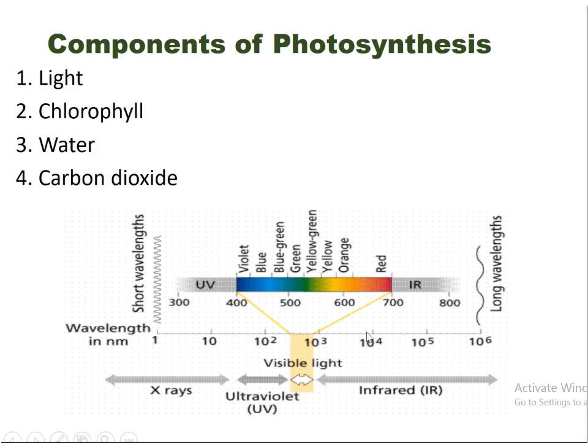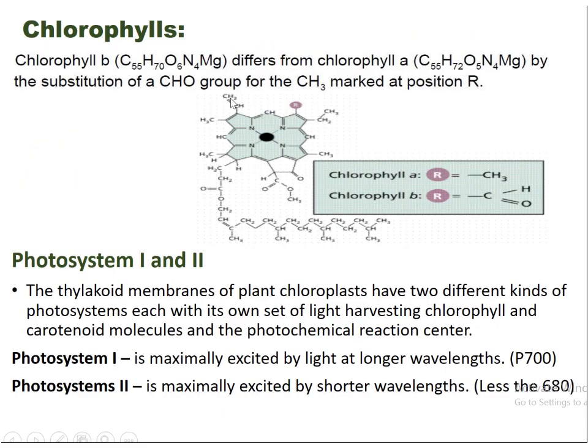Now let's see the chlorophylls. Chlorophylls are the major photosynthetic pigments in plants. They are embedded in the thylakoid membrane of chloroplast in the cells of the mesophyll tissue of leaves. There are different types of chlorophyll, such as chlorophyll A and chlorophyll B, and almost all photosynthetic plants have chlorophyll A. In higher plants and algae, chlorophyll B also exists, along with chlorophyll C, another type of chlorophyll.